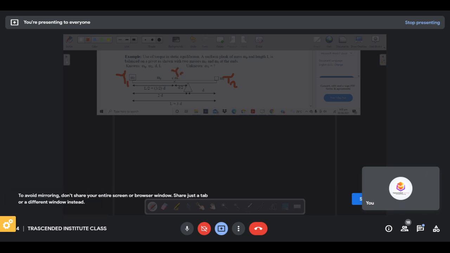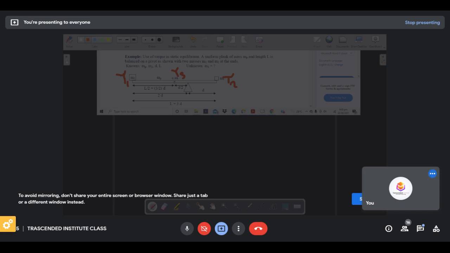What about MP? MP is the mass of the plank; it was just written along the plank. That's where torque 3 is acting, because it's supposed to be on the middle part of the plank. I think there are no others.